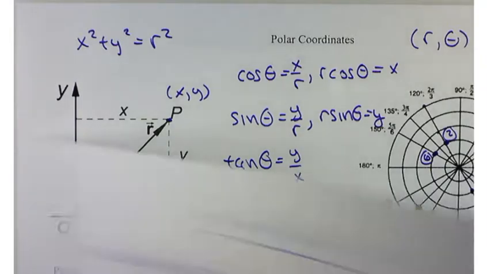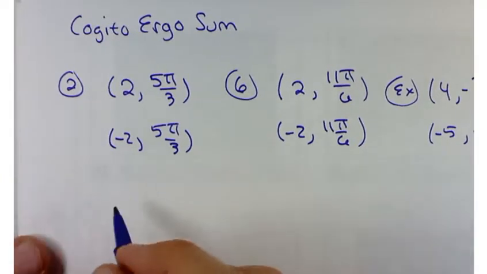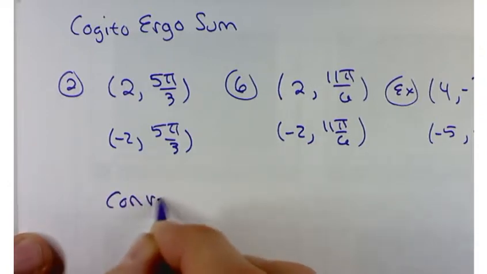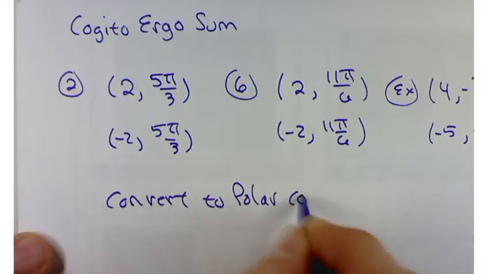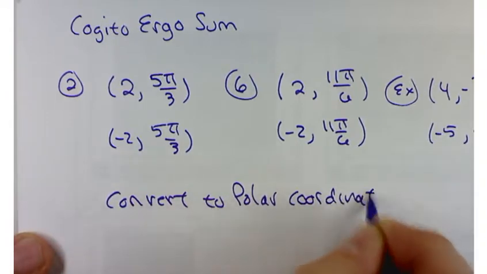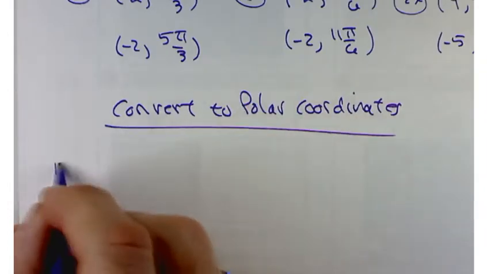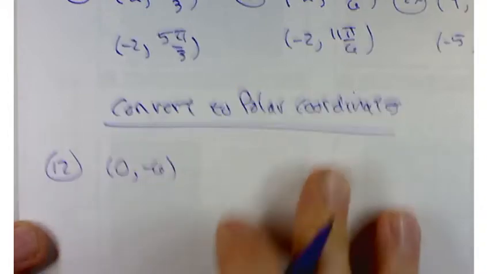For starters, let's convert a few points to polar coordinates from rectangular coordinates. We'll start with the point in problem number 12, 0, -6.